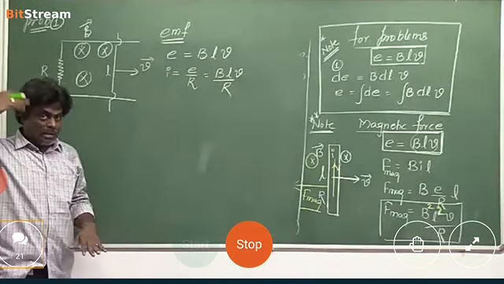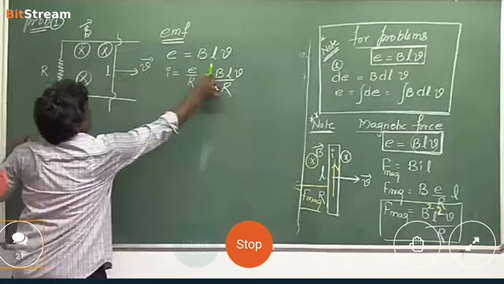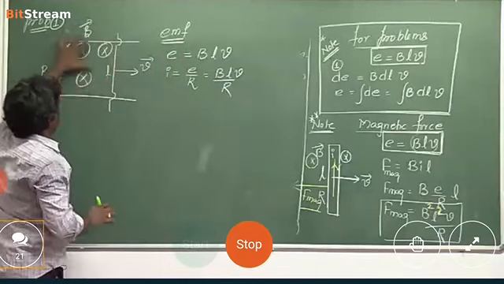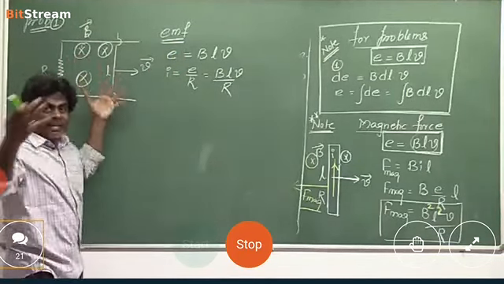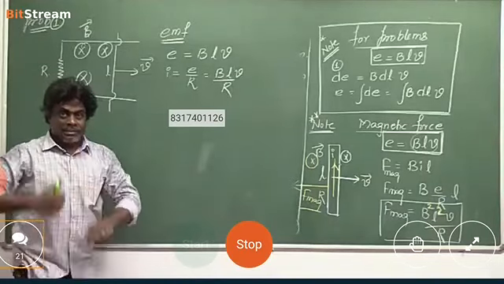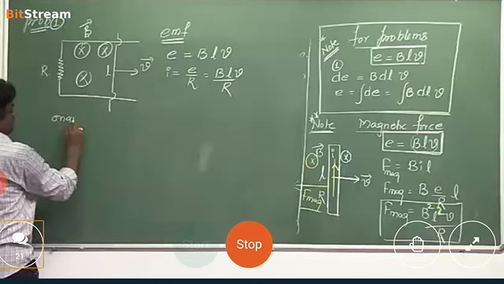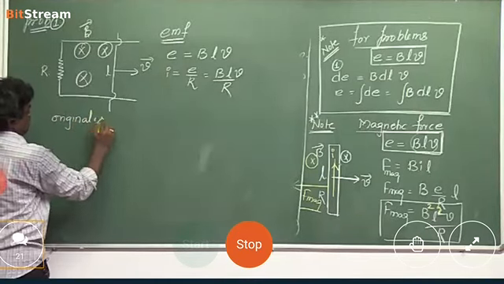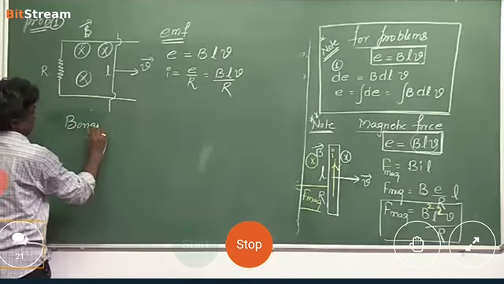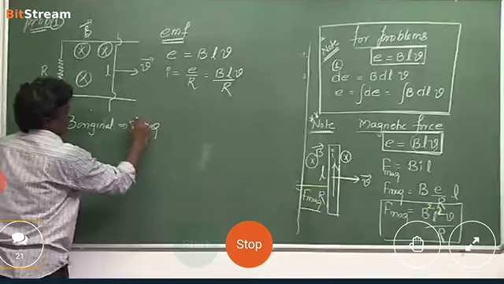Now come to the current direction. Don't get tension. Apply our technique. For example, the rod is moving like this. Then the area of this region keeps on increasing. If area increases, flux increases, then B original is strong.